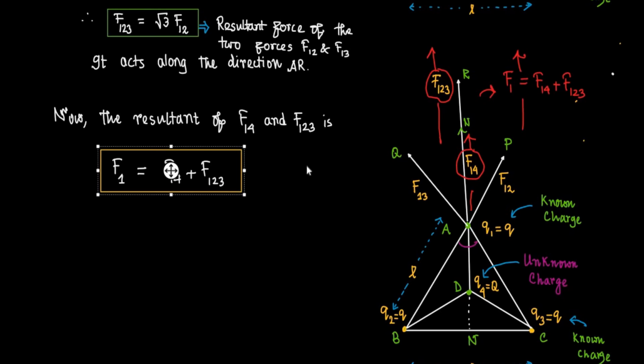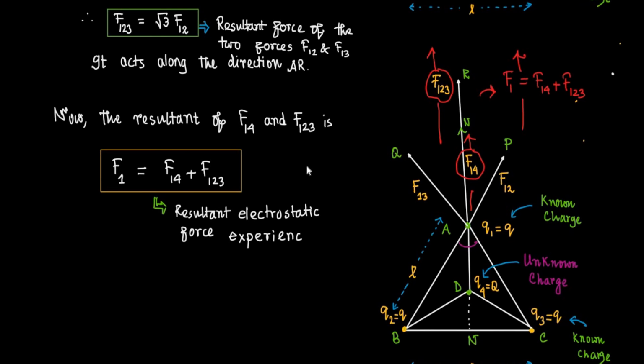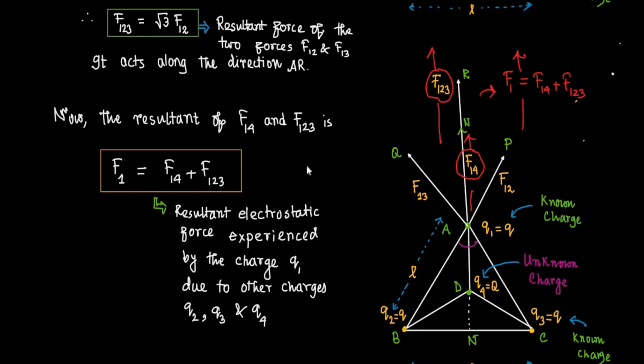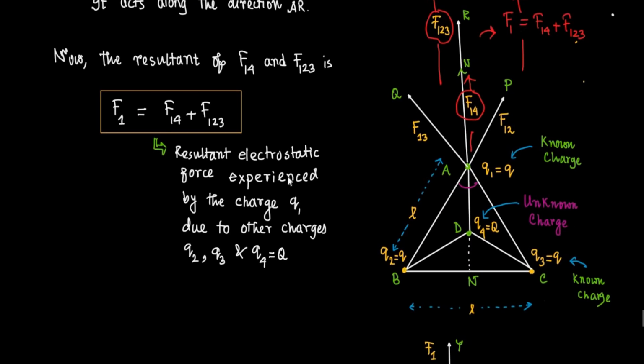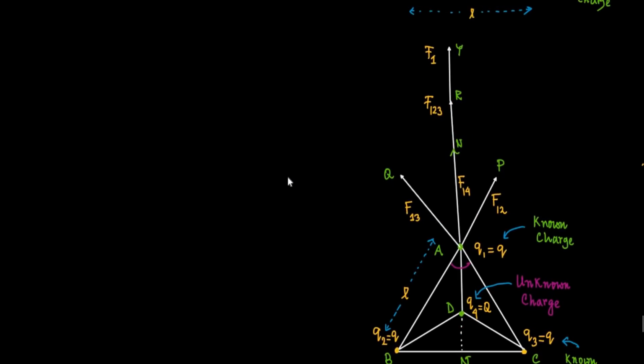That's why the resultant of them will be F1 equal F14 plus F123, which is the resultant electrostatic force experienced by the known charge Q1 at the corner A of the equilateral triangle due to the other charges Q2, Q3 and Q4 equal Q.